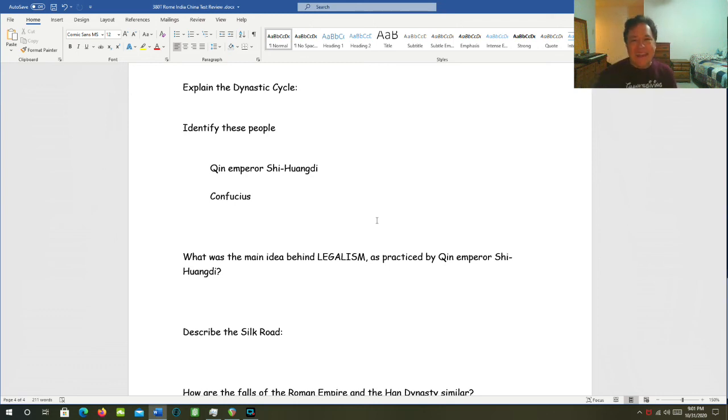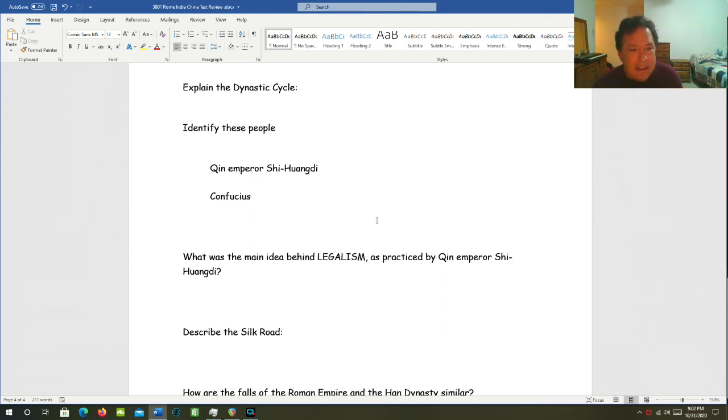And finally, that dynasty is going to collapse altogether, to be replaced by a new dynasty with a new mandate from heaven, and the cycle begins all over again. And this is a thought that helps the Chinese really measure their history, because they look at the dynasties and they look at that dynastic cycle.